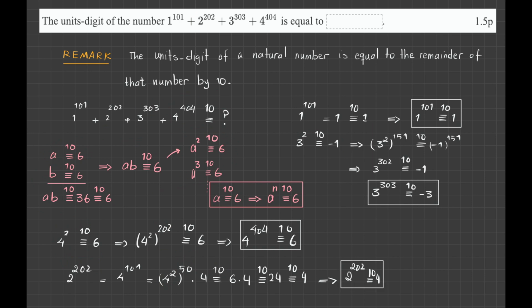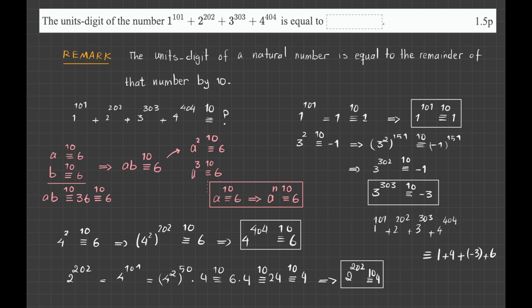Okay? Now, if I start adding this to this, to this, and to this, I am done. So what happens? The left-hand side becomes 1 to the power of 101, 2 to the power of 202, 3 to the power of 303, plus 4 to the power of 404, which is congruent to: the first one is 1, the second one is 4, the third one is minus 3, and finally the last one is 6.